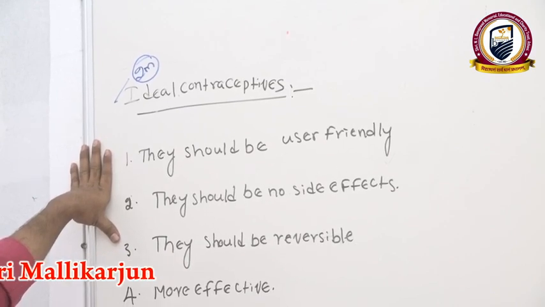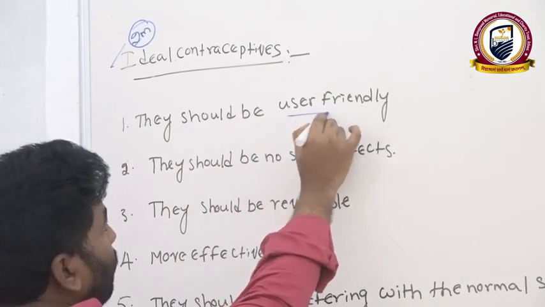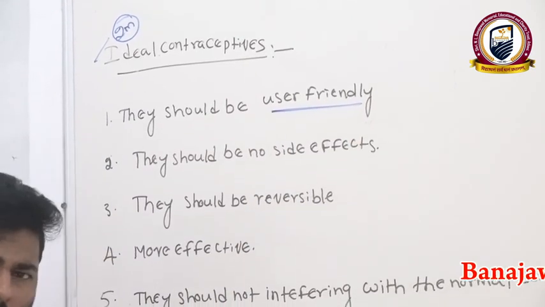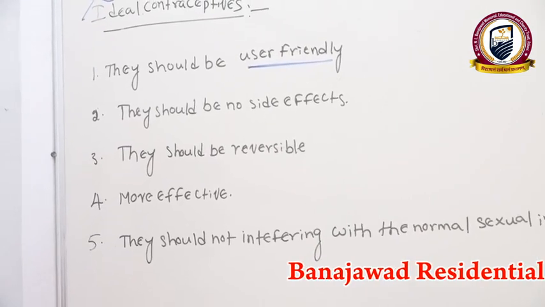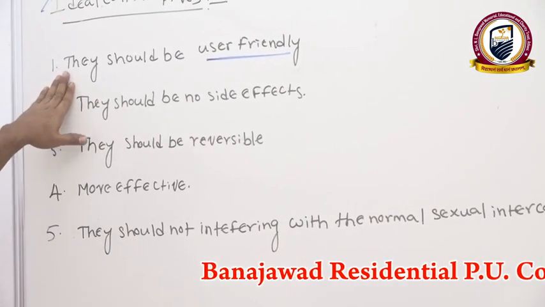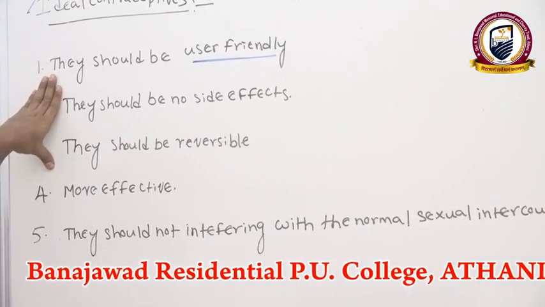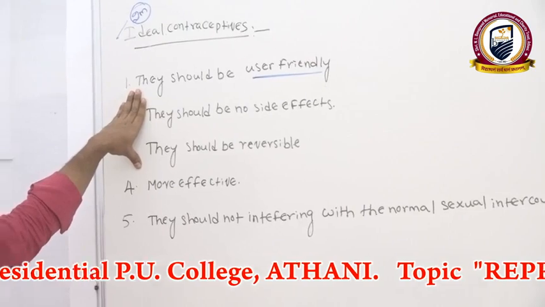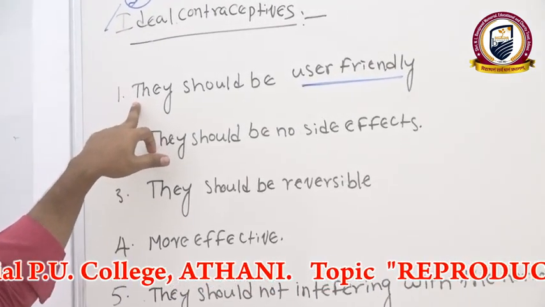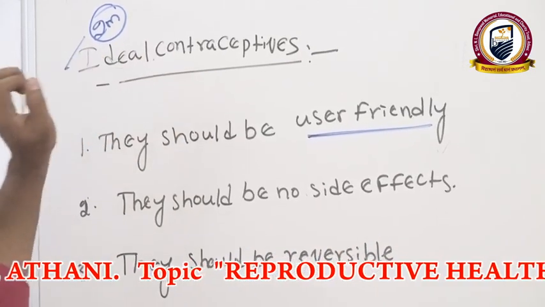First, they should be user friendly and economically cheap. All users, from poor people to rich people, can use these methods. Only such methods can we consider ideal contraceptive methods.